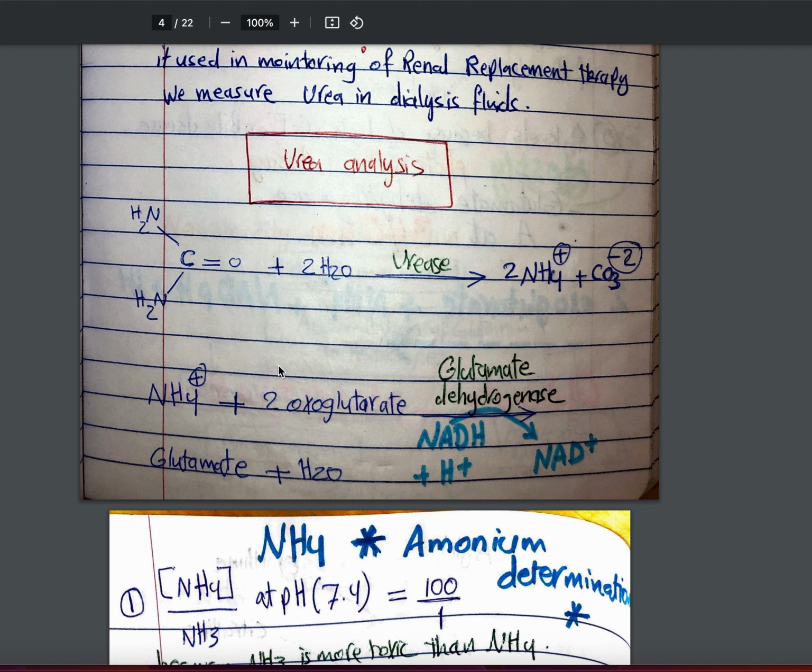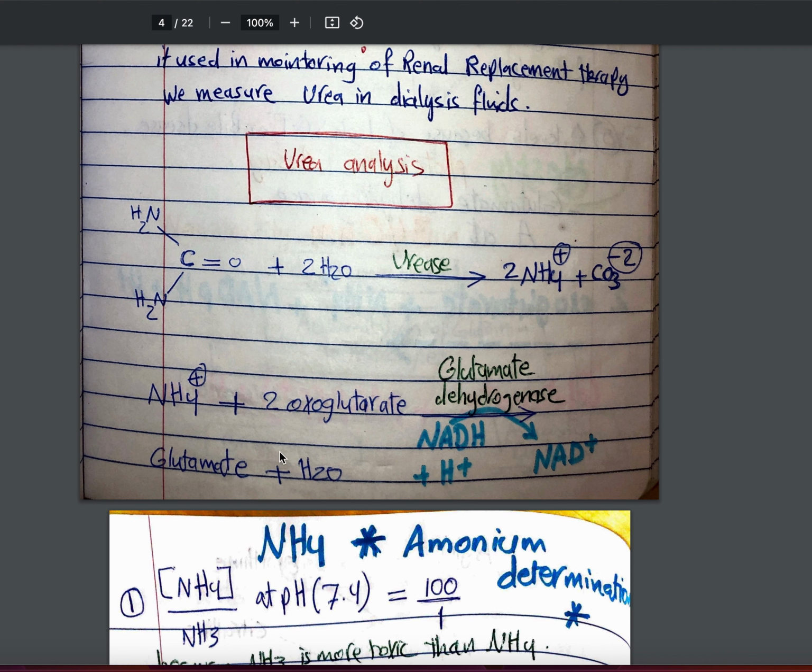So by this mechanism, we get rid of the urea, which is toxic, and change it to glutamate, which is glutamic acid. So we need 2-oxoglutarate.